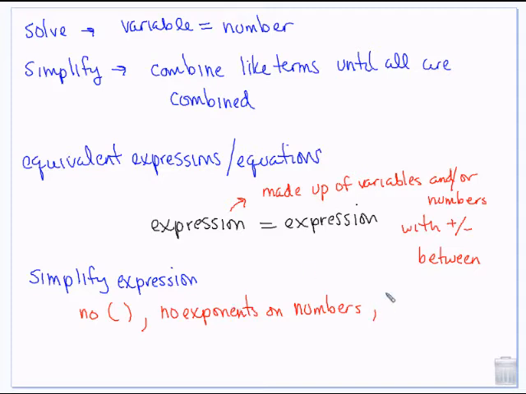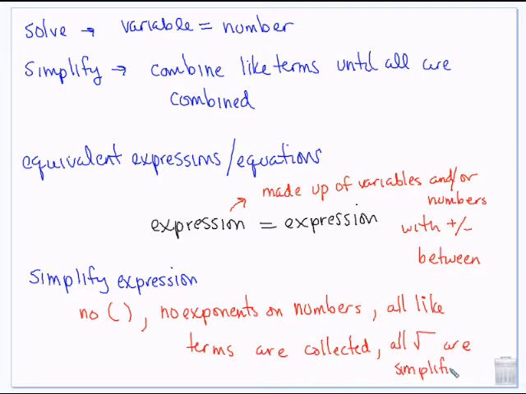No parentheses, no exponents on numbers, and all like terms are collected. And all square roots are simplified. So if I had like the square root of 25, I wouldn't leave square root of 25 in there, I would write 5.